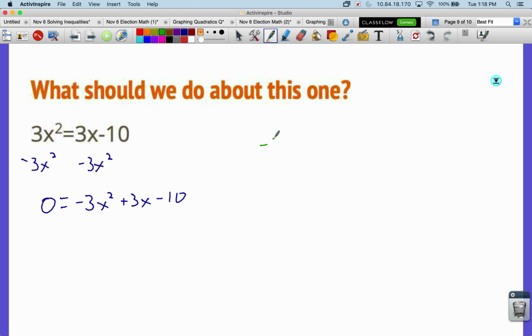So negative b, so negative 3 plus or minus the square root. B squared, 9, minus 4 times a times c. Negative 3 times negative 10 is a 30, times a 4 is a negative 120. All over 2 times a, so 2 times negative 3 is going to be a negative 6.